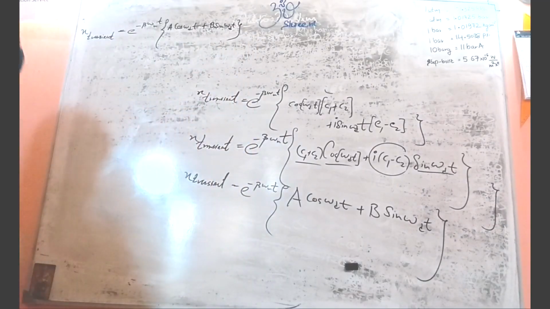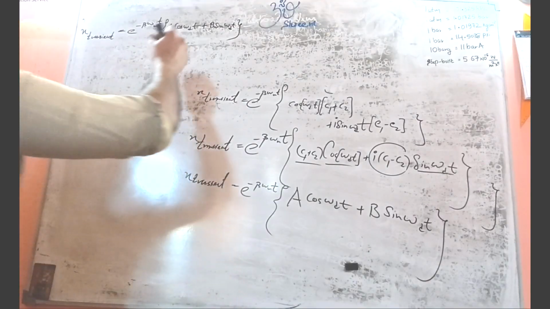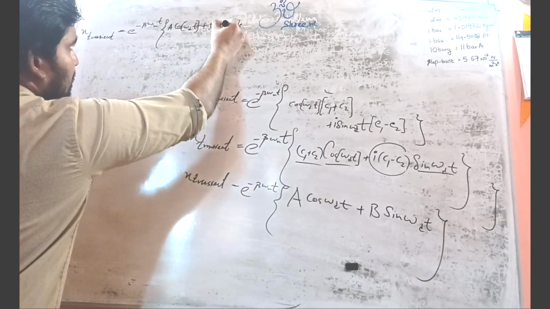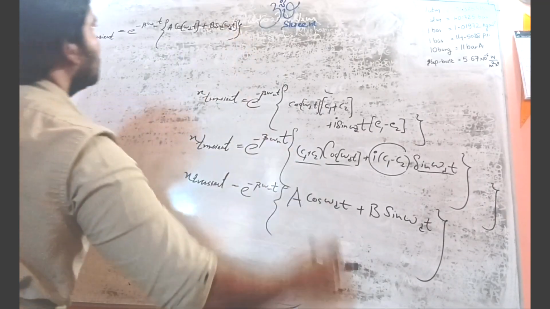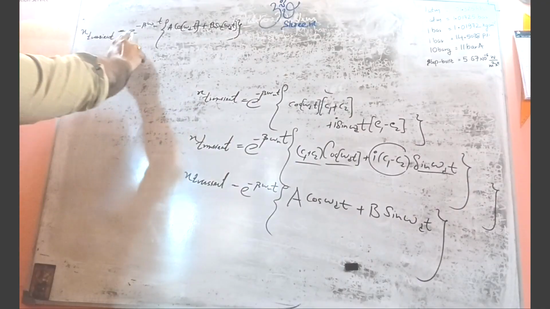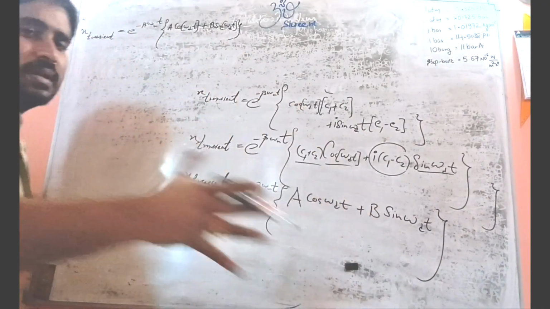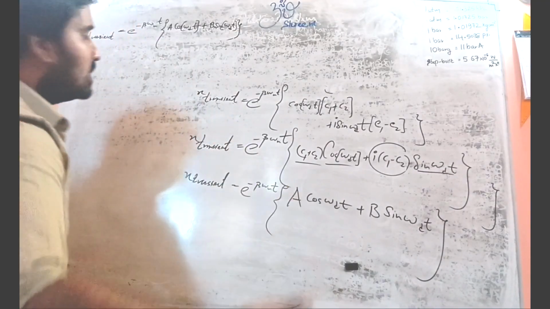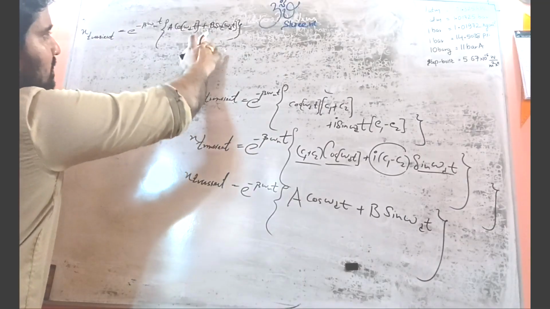But be very careful. Please put brackets, that is safe. E to the power minus beta omega n t times A, a constant, cos omega d t plus B sine omega d t.